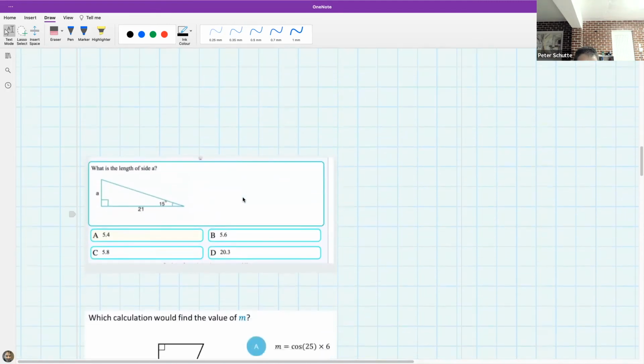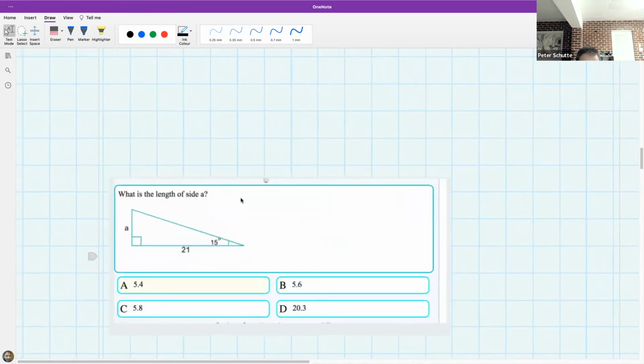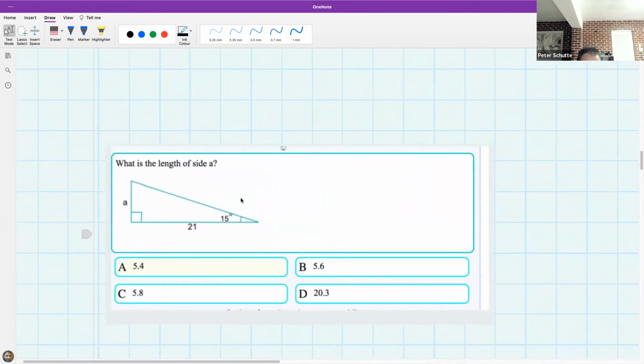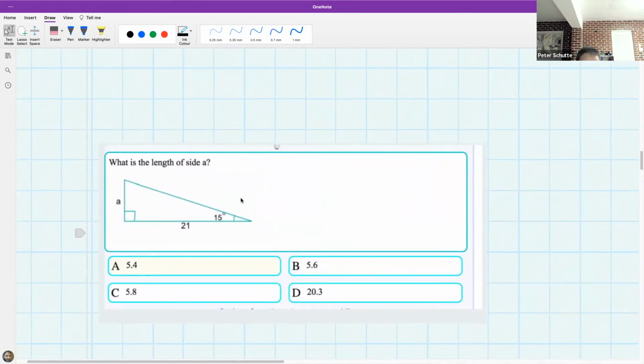So I want you to find me the length of side A. And again, we're looking for the length of a side in a triangle. See if you can do that one over there.